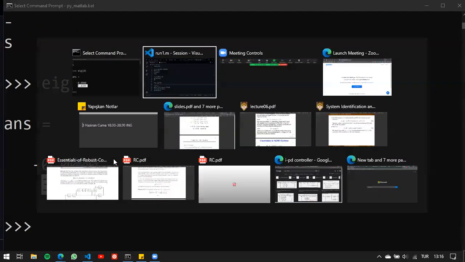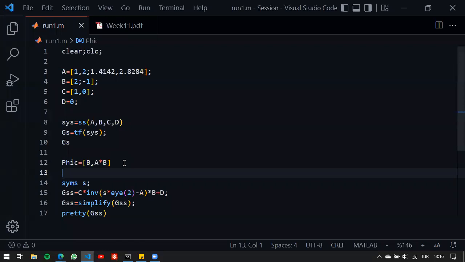Now, we have seen that a 2x2 system, state space model, can be converted into a transfer function. If there's a pole zero cancellation, for example, then there might be the possibility that we have a not controllable system. So in this case, this system is not controllable. So what I can do with this is, if we have this specific case here, I can just reduce this and get rid of the pole zero cancellation.